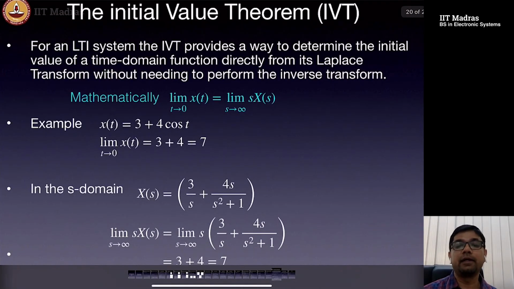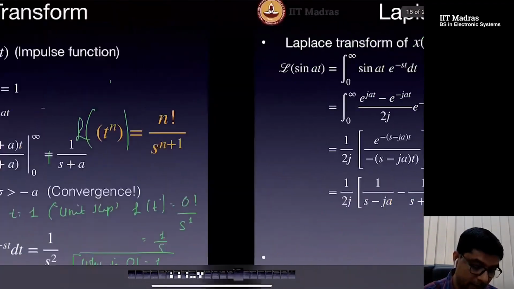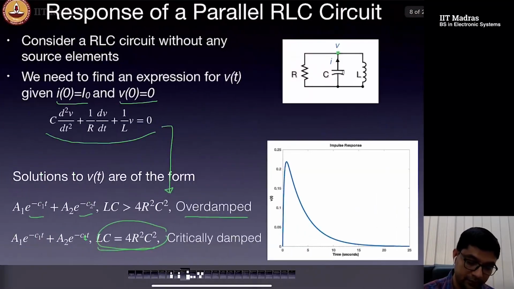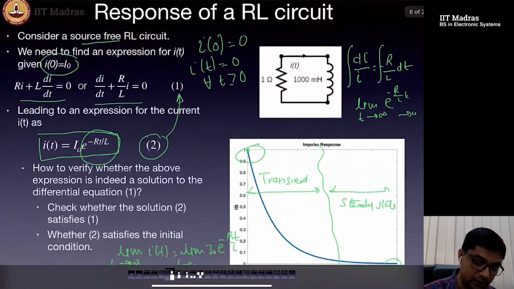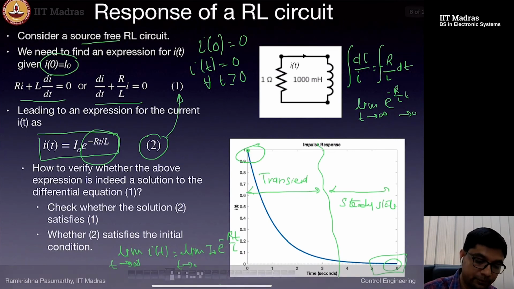Okay, two very important properties. So if I go back here to this behavior here, right? I started off with an LC circuit without any sources. The current value settled down to a value of 0.